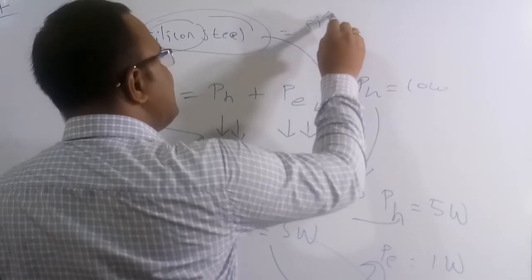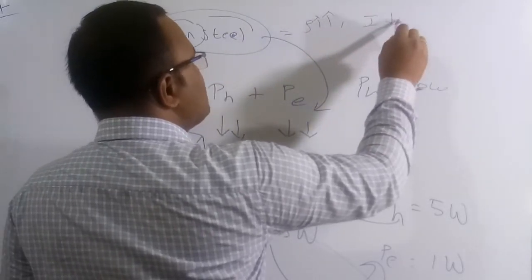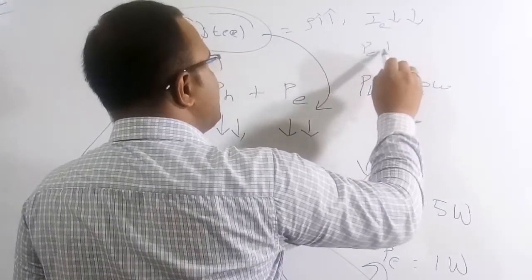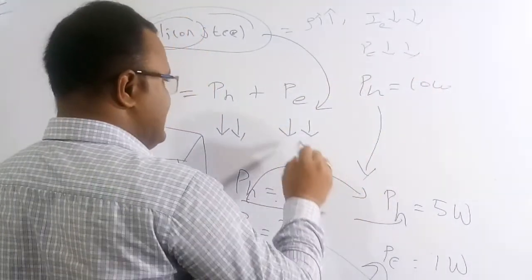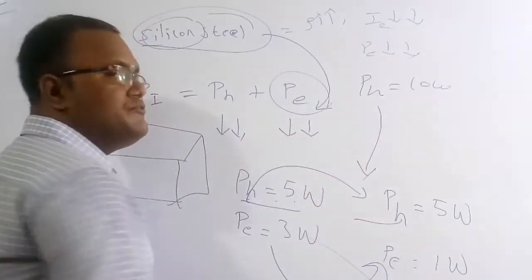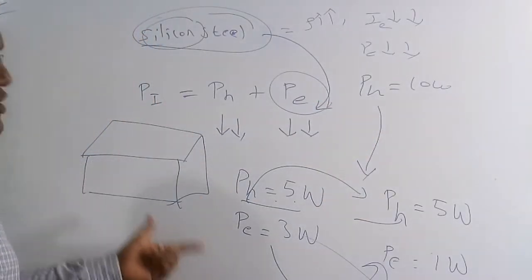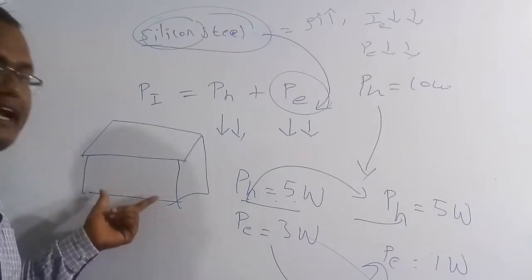As resistivity increases, the current will decrease, so the eddy current will decrease, so the eddy current losses will decrease. Because of this reason only, eddy current losses will decrease if you use the laminations of the silicon steel. I hope you have understood the true meaning of solid core and lamination core.